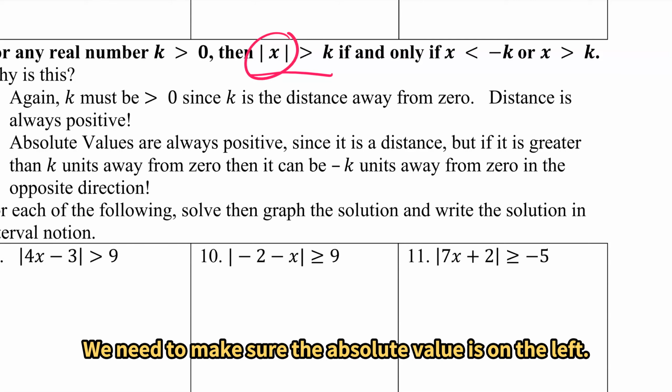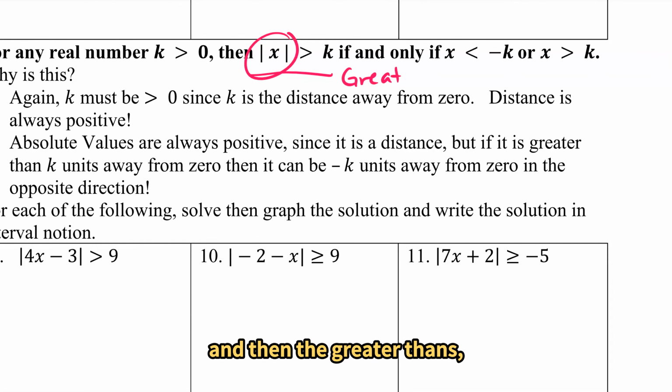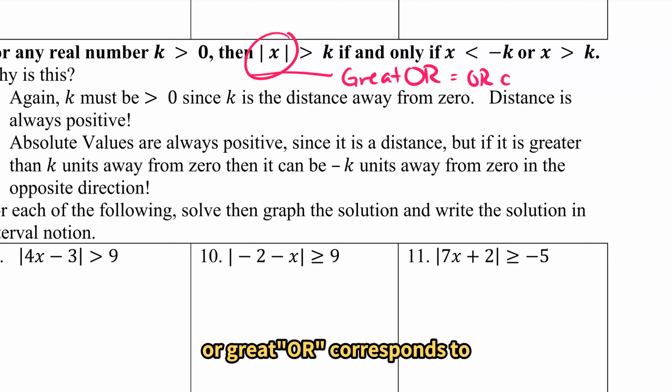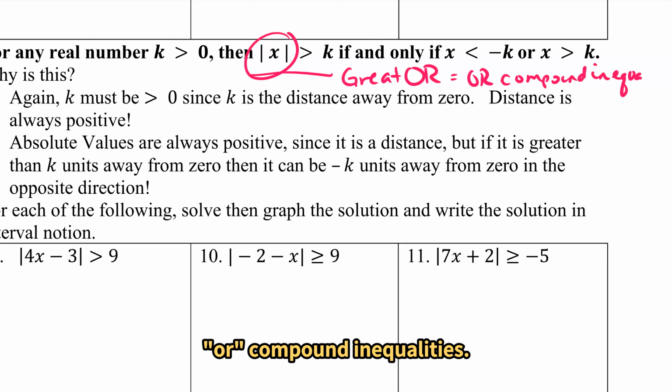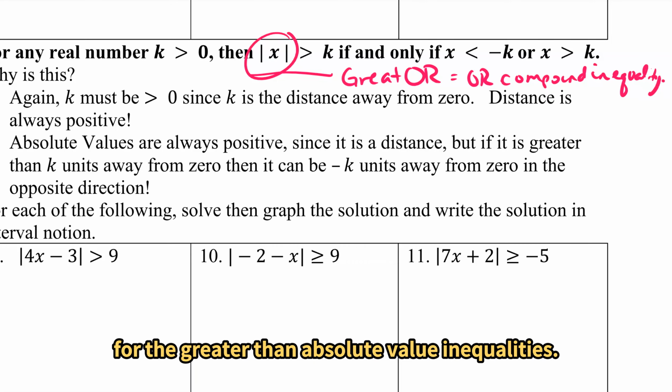We need to make sure the absolute value is on the left, and then the greater thans, or greater, corresponds to or compound inequalities. So we'll be using ors for the greater than absolute value inequalities.